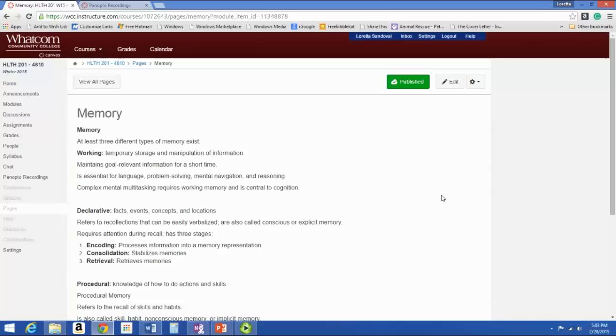One of the ways you can do it is by frequently quizzing yourself on that information. This is why I have a quiz every week, because I'm trying to help you with that consolidation phase. Another way you can consolidate and stabilize memories is to interleave that information with things you already know.